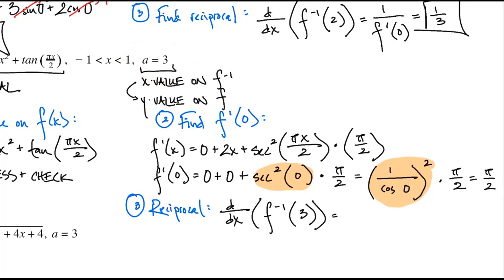And all that's going to be is the reciprocal, 1 over the derivative of the original function at 0. That means it's going to be 1 over pi over 2, which is just going to be 2 over pi.